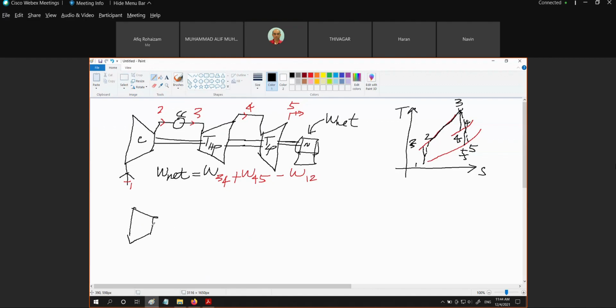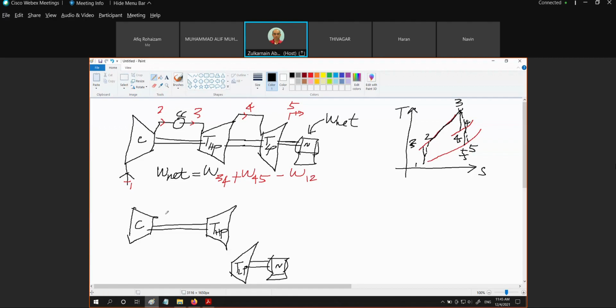Compressor, first shaft. This is the high pressure turbine, this is the low pressure turbine. And we know that the low pressure turbine is running the electrical generator, while the first turbine is running the compressor. Give the same names: high pressure turbine, low pressure turbine.